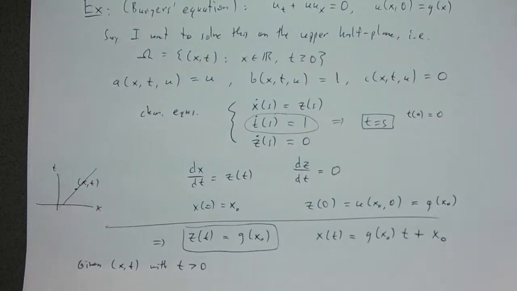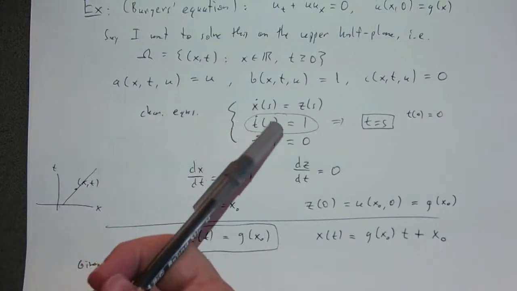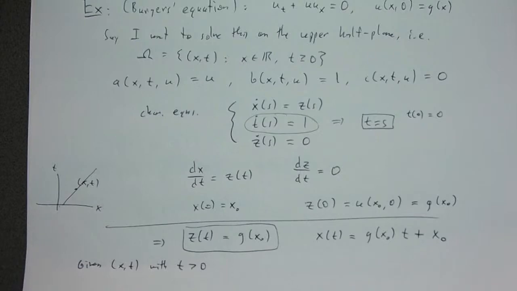Okay, maybe it's a vertical line, maybe it's some kind of line. The idea is I want to find the characteristic that is the x naught corresponding to it. I've already found that s is equal to t, so that's not a problem. So I just need to find this x naught, right? I need to solve for this x naught in terms of x and t.